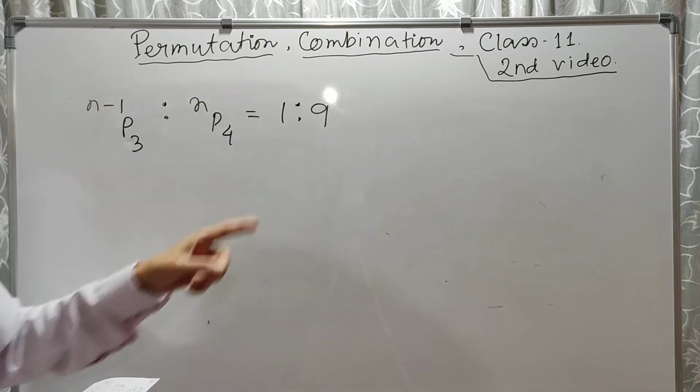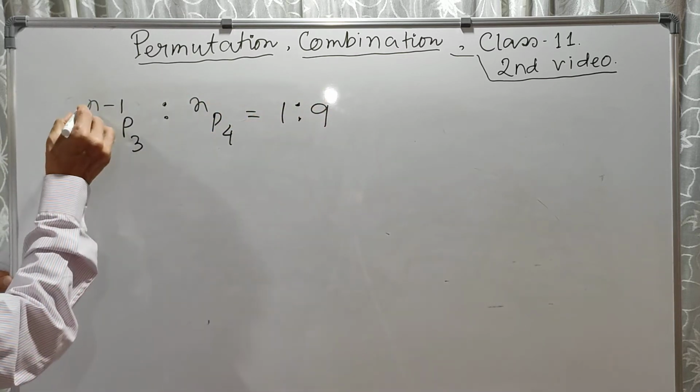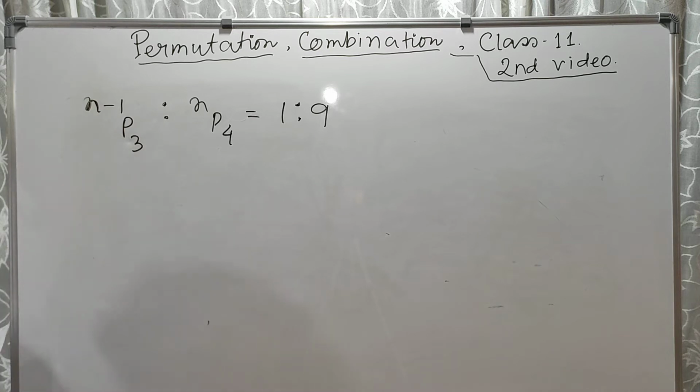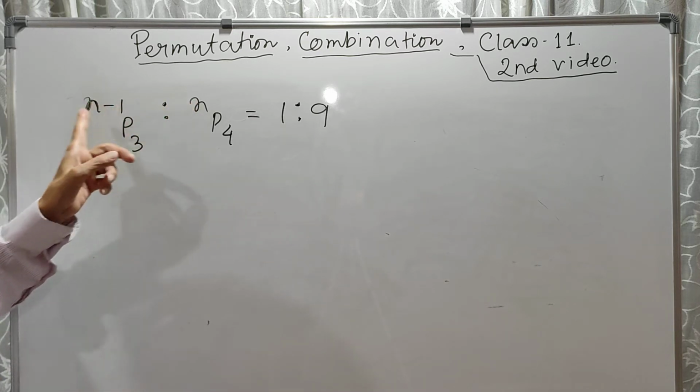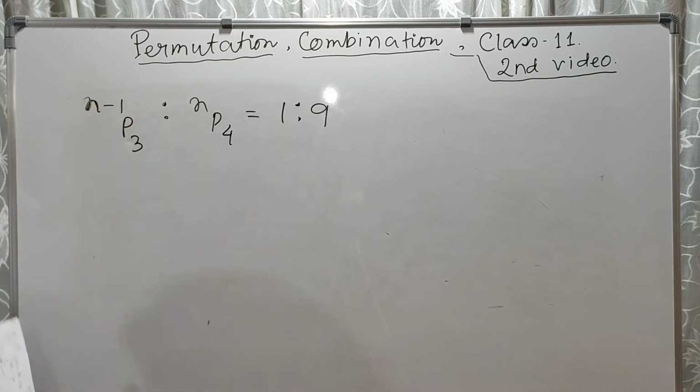Now this is an equation given. So the question is to find the value of n. Here the variable is n. So find the value of n by solving this equation.